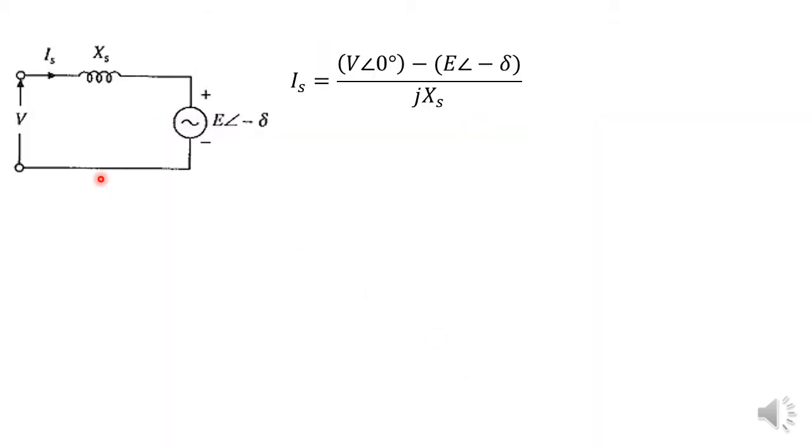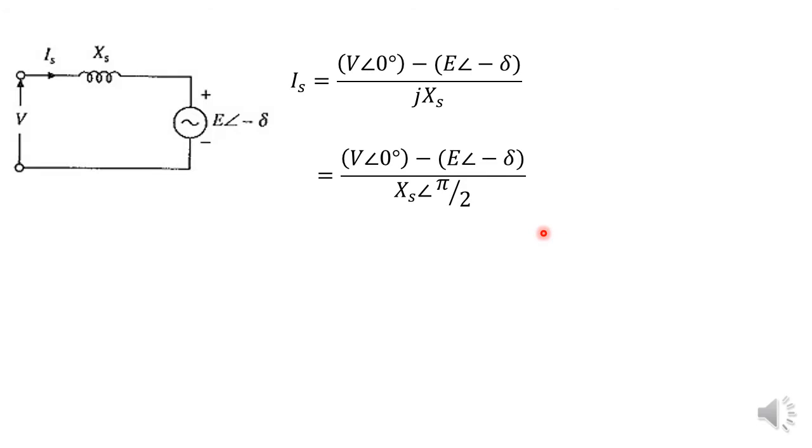Let's consider the simplified circuit diagram. From that we can write the expression for Is. Is is equal to V angle 0 degree minus E angle minus delta, all divided by jXs. Again, it is equal to V angle 0 degree minus E angle minus delta, all divided by Xs angle pi by 2.